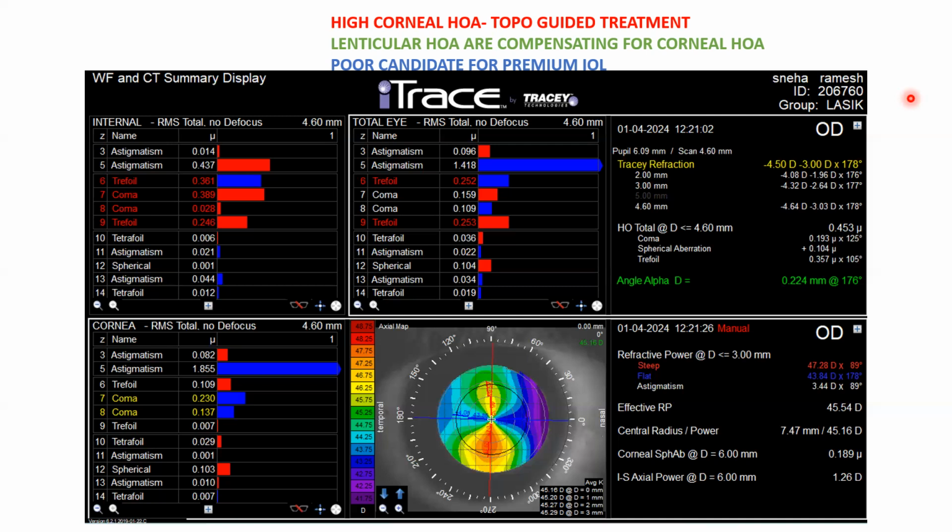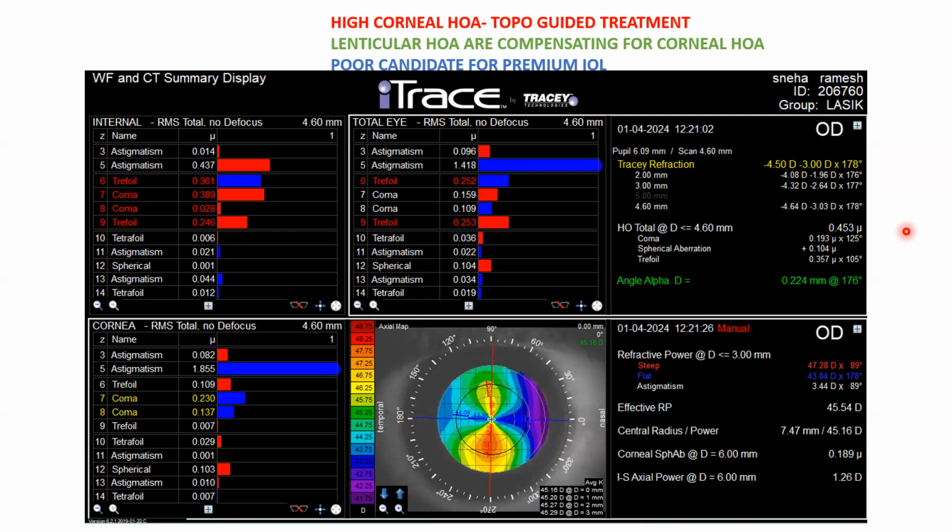The only thing is, let's assume that this patient is going for a refractive surgery. You said that this patient should go for a topo guided, right? Yes, sir. Now the thing is, if you notice, the main aberrations on the cornea are basically the astigmatism. The others are not going off the charts, as you said, like the coma, and those are just in the yellow, right?